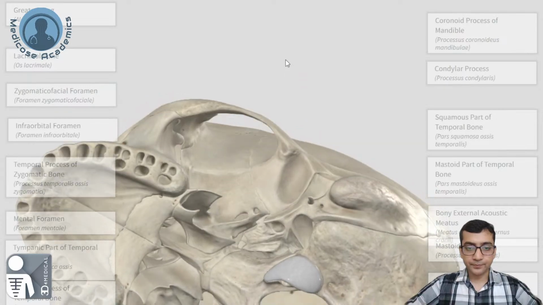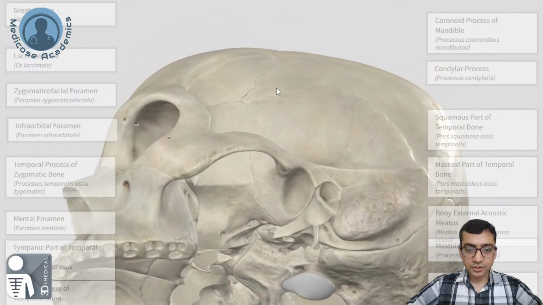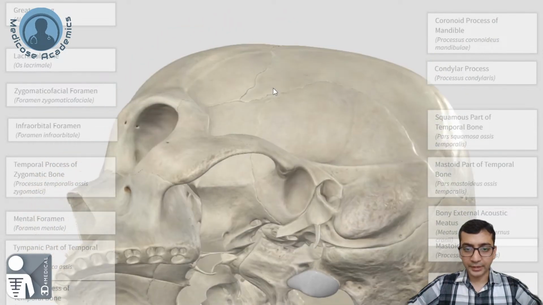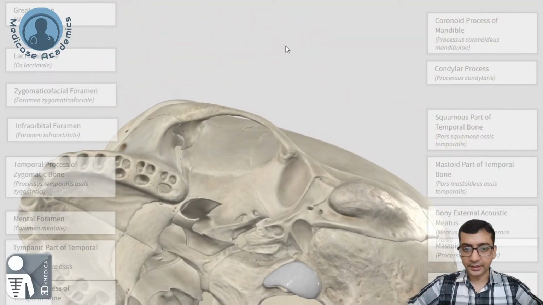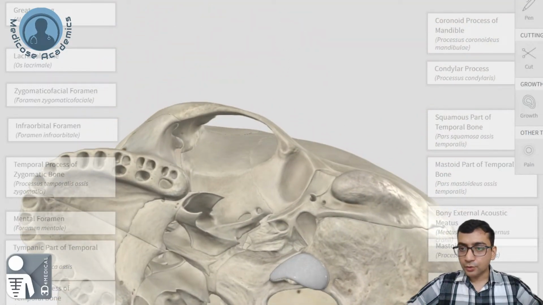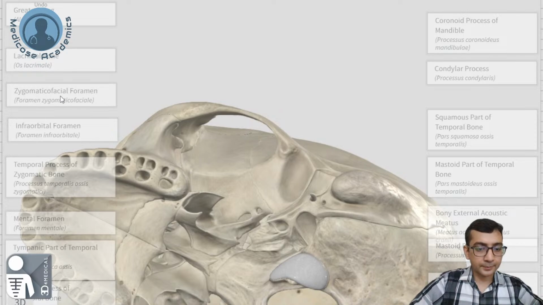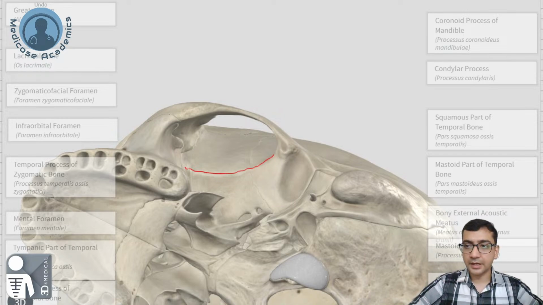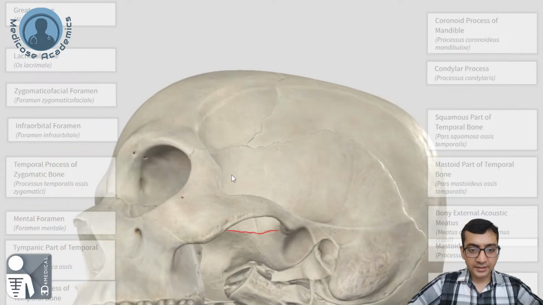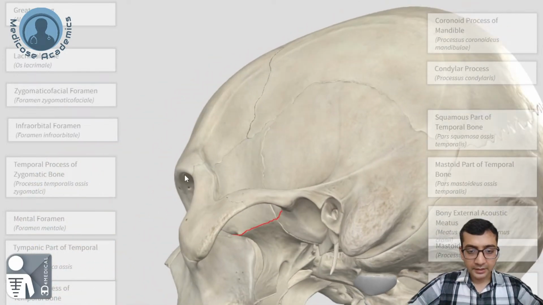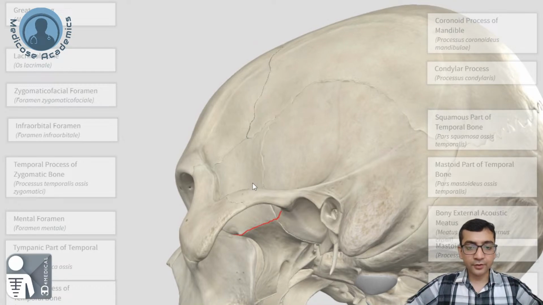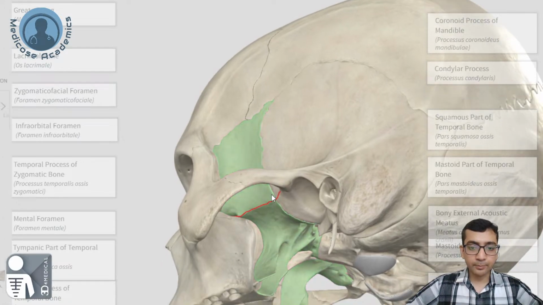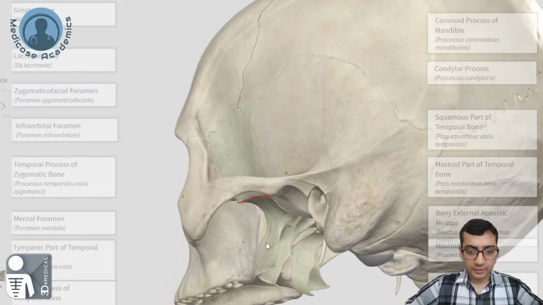The inferior one is a little tricky. It consists of this opening. If we look from below, you may be able to appreciate this line that is present right here. At this line, the greater wing of sphenoid makes a very sharp angle.